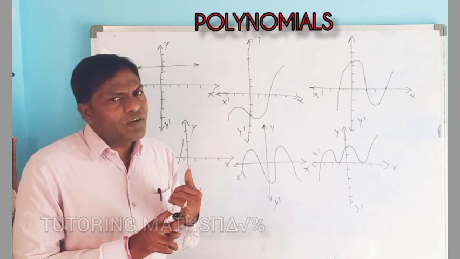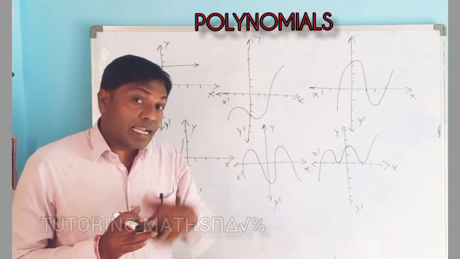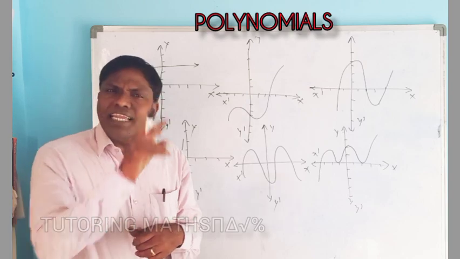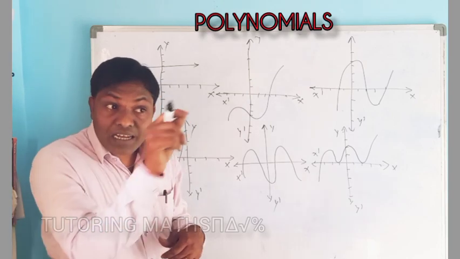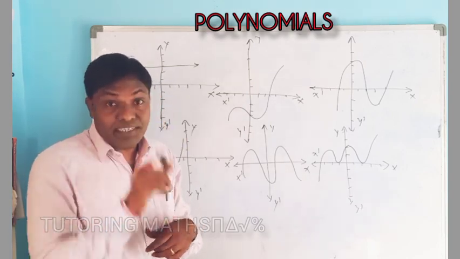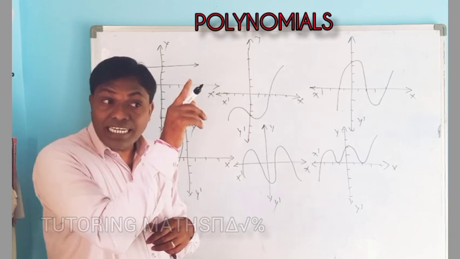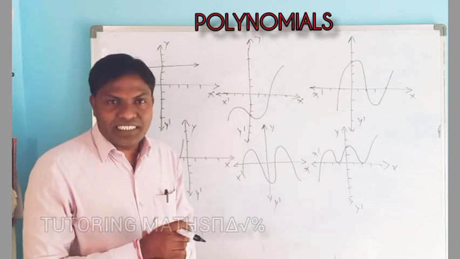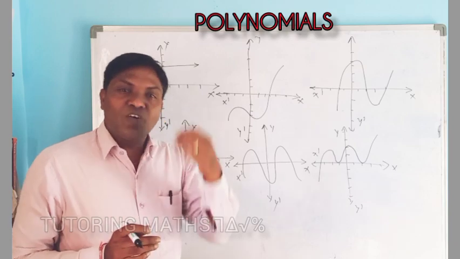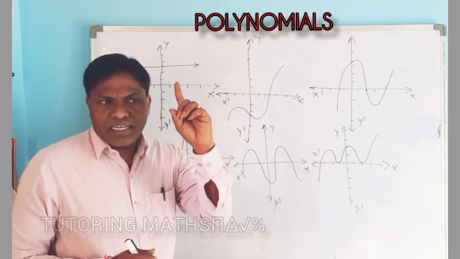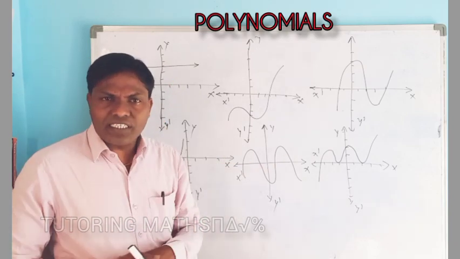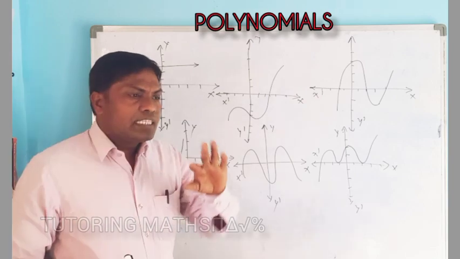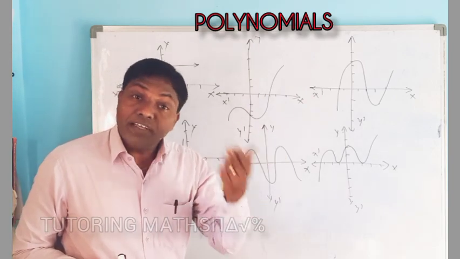How do we identify the number of zeros for a graph? We know that the point where the graph intersects the x-axis, that x-intercept, is called a zero. If it doesn't intersect the x-axis, then that graph doesn't have a zero.